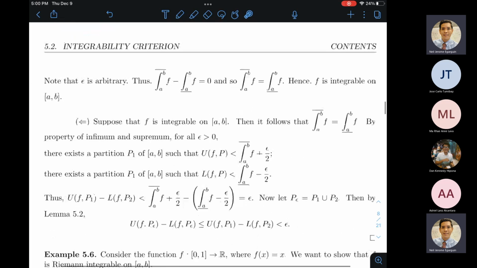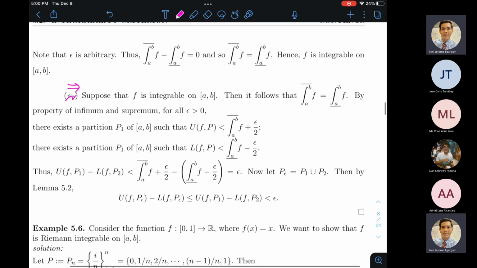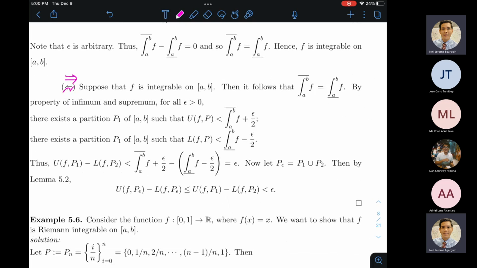Now, for the converse, okay, isusuppose naman natin na si f ay Riemann integrable. Right? Anong mahihita natin sa assumption na yon? Balik tayo sa definition ng Riemann integrable. So, alam natin kung siya ay Riemann integrable, equal yung lower at saka yung upper Riemann integral. Okay?